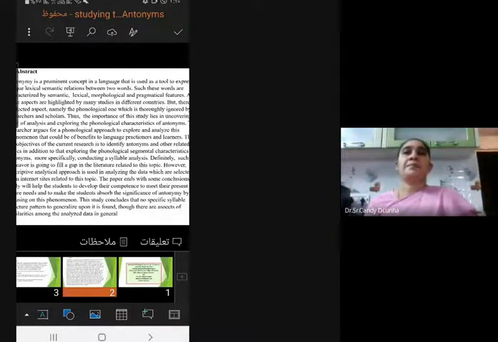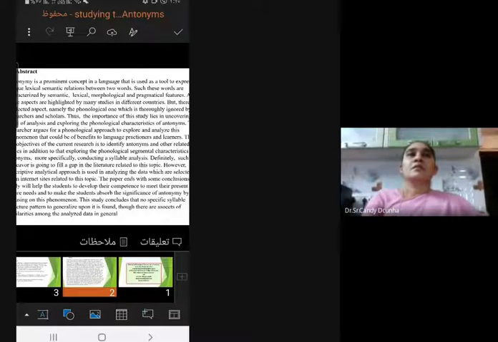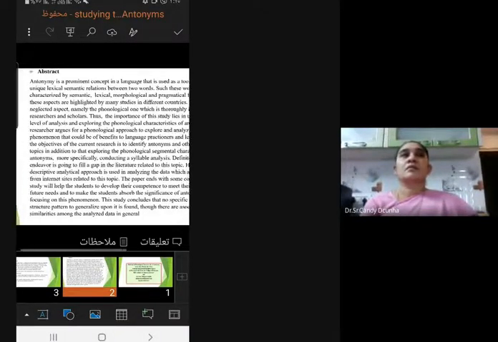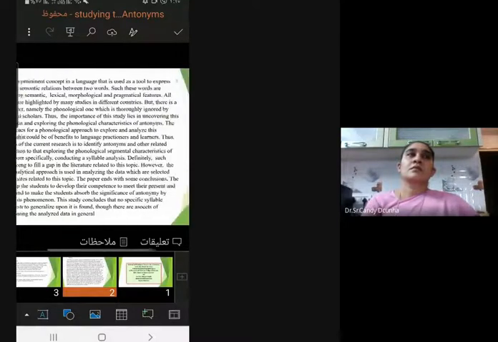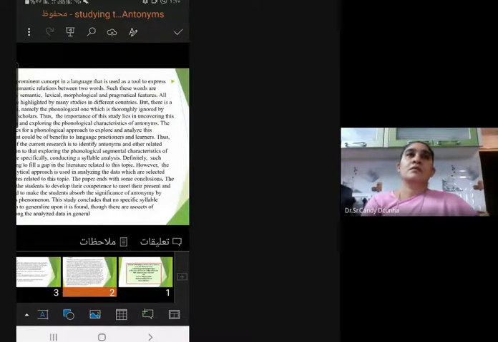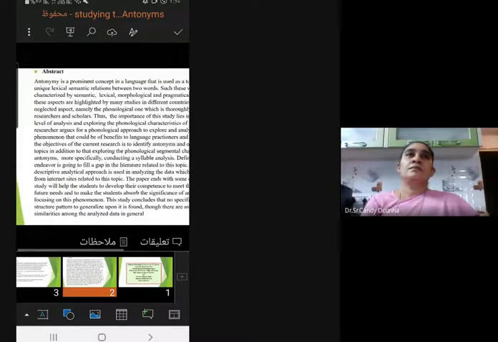It needs more research to arrive at a specific point in this subject. This study concludes that no specific syllable structure pattern can be generalized, though there are aspects of similarities among the analyzed data in general.